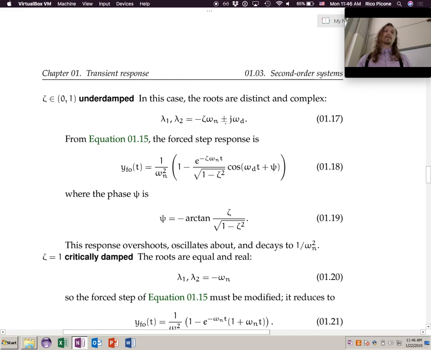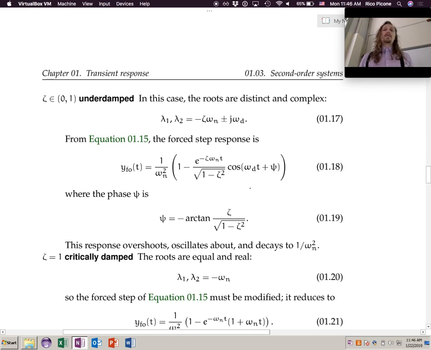So these are our lambda 1, lambda 2, which are the same as they were in the free response, right? We just plug in the lambda 1 and lambda 2, and we rearrange just like before using Euler's formulas to get a trigonometric form of it.